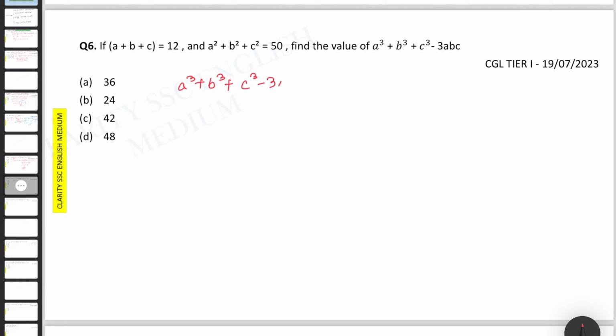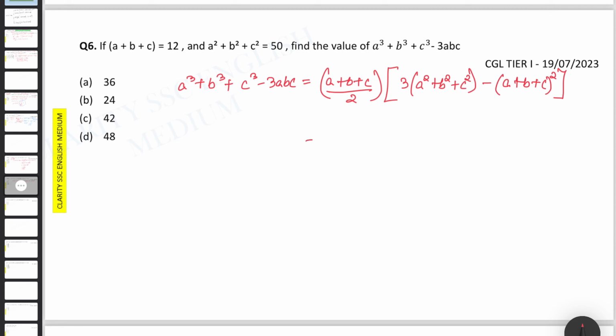Why am I writing the formula again and again? So that you can grasp the formula very easily. Just (a plus b plus c) by 2, and in the second bracket, thrice (a square plus b square plus c square) minus (a plus b plus c) whole square. Yes, this is the formula.